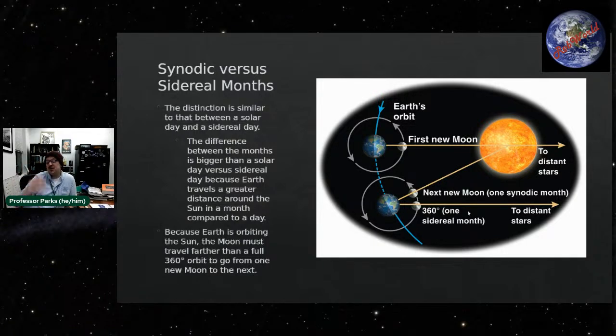So after 27.3 days, what we would actually see is that the moon went from a new moon to a waning crescent. So it takes another couple days for it to come back into the new phase.